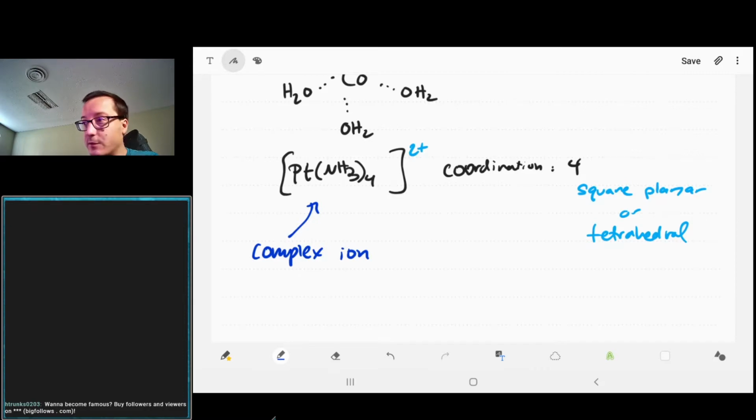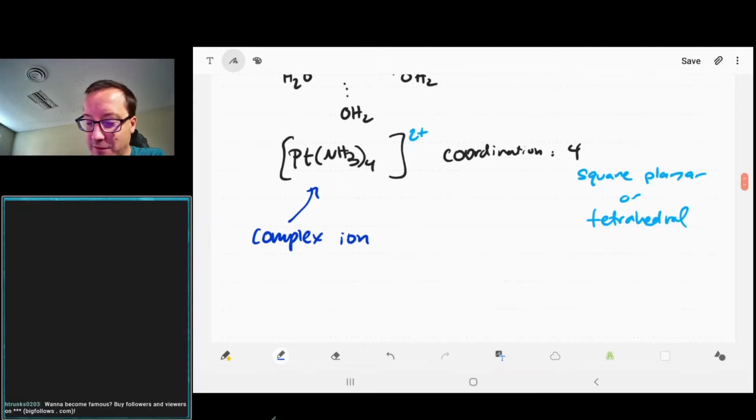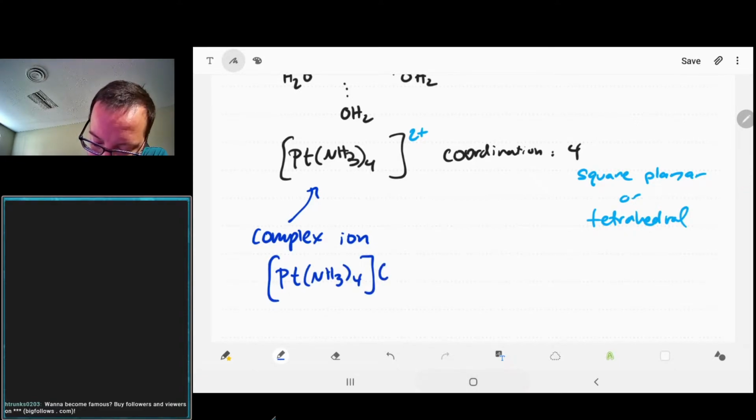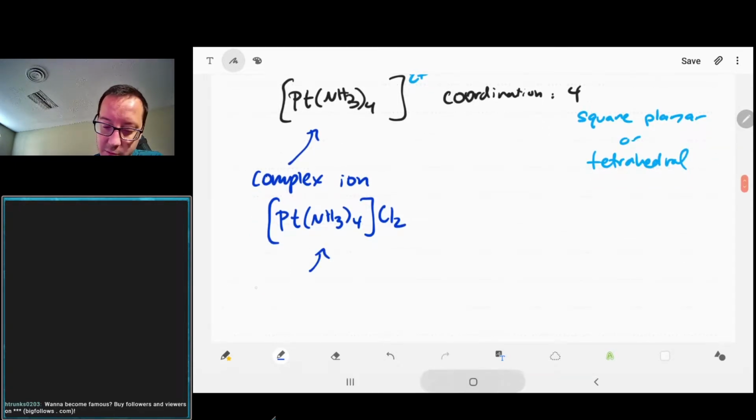They have to have a neutral overall charge, the absence of an overall charge, rather. But if we go ahead and stick some counter ions out here, now this becomes a coordination compound. Coordination compound.